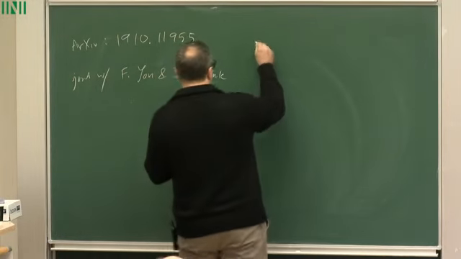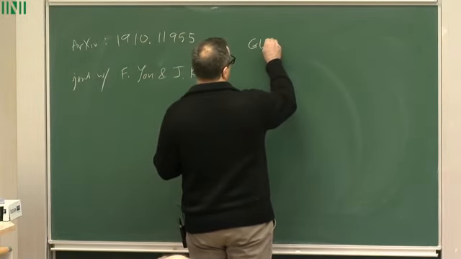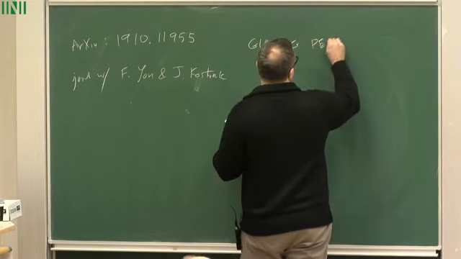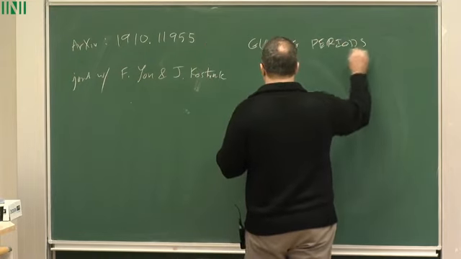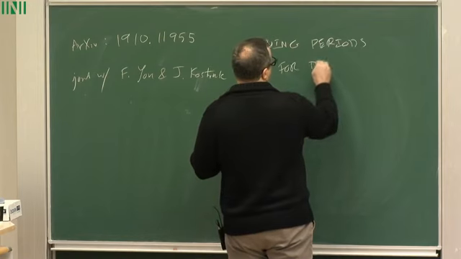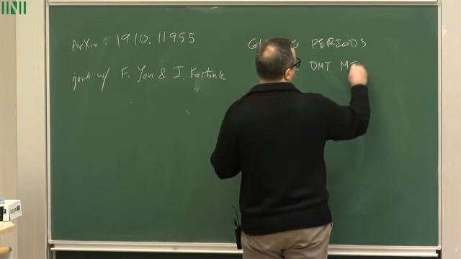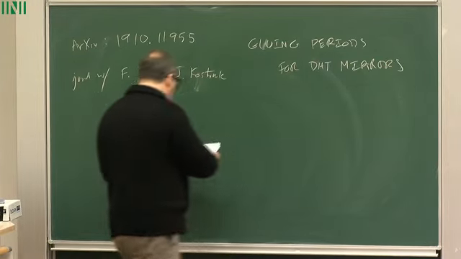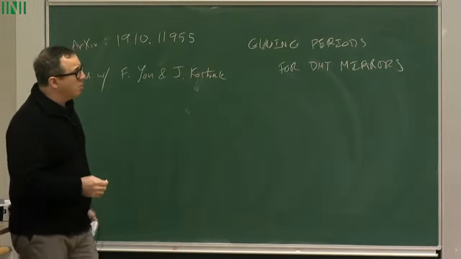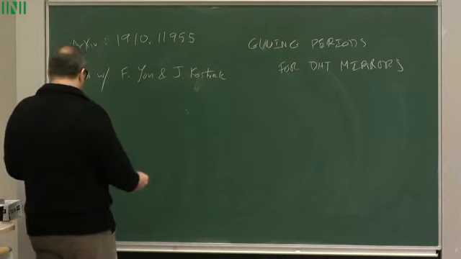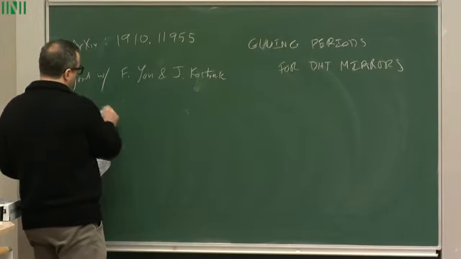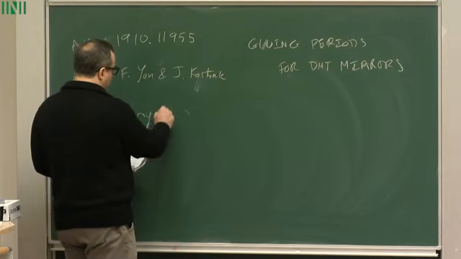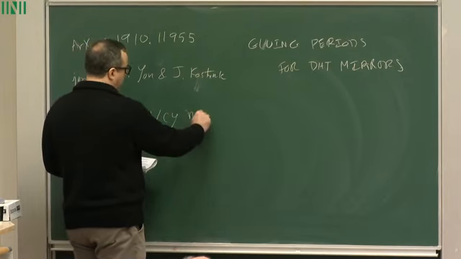All right. So, again, the theme is basically gluing periods for DHT mirrors. So I talked about two motivations last time. Motivation number one came from the traditional Calabi-Yau mirror story.